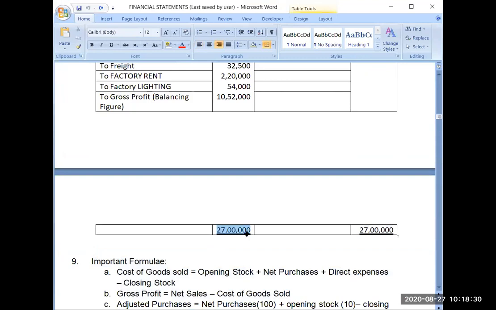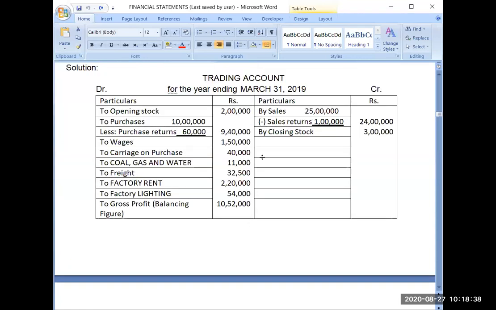After writing this total here, you subtract all these amounts from the total of 27 lakh. Then afterwards, you get this gross profit.